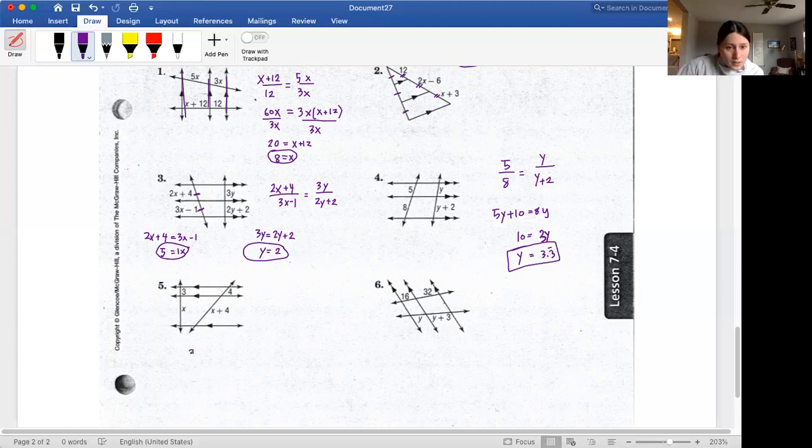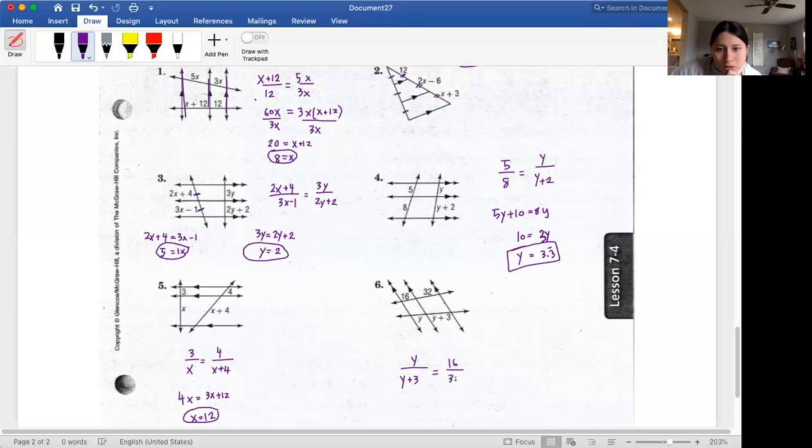Okay, parallel lines are here, y over x equals 4 over x plus 4. And cross multiply, 4x equals 3x plus 12, subtract 3x on both sides, x equals 12. That one was nice. Looking at my parallel lines, that's like my fraction bar, so y over y plus 3 equals 16 over 32.